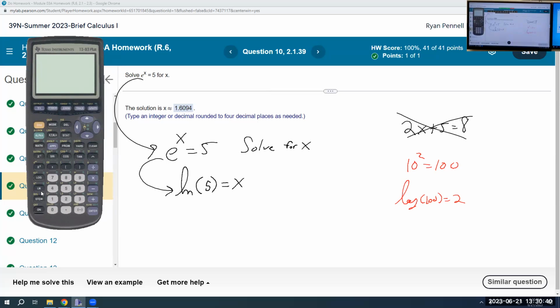I have the ln button on my TI-83. We all have it somewhere. ln of 5 equals 1.609, and then you just round appropriately. I had to use a calculator to find the decimal approximation.